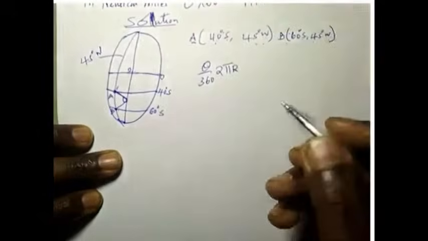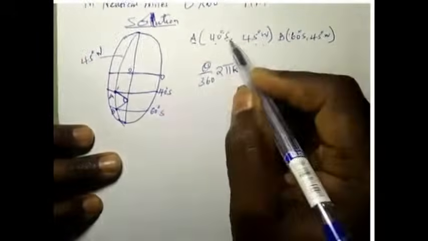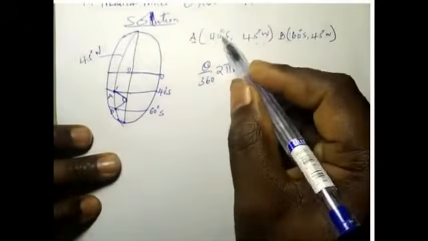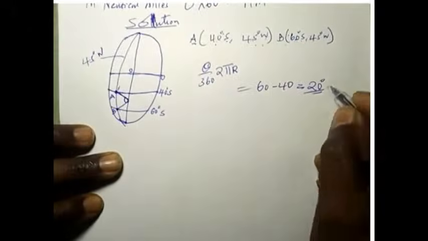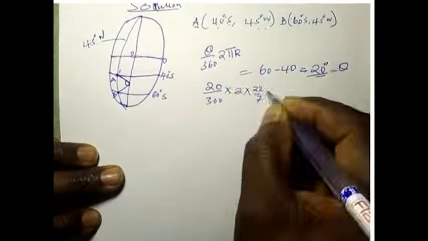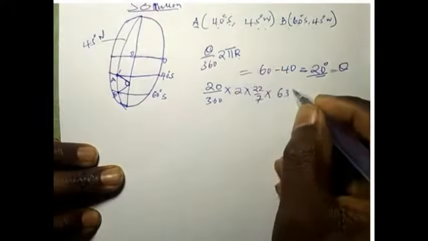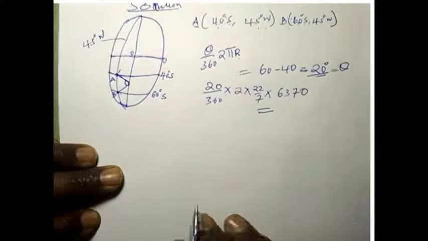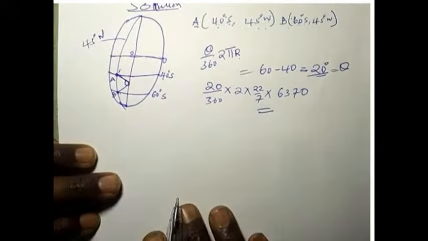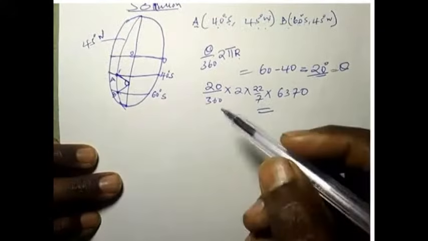So how do we get the side, the south difference? Theta is 20, times the radius 6370. And that gives us the length AB, the arc length.